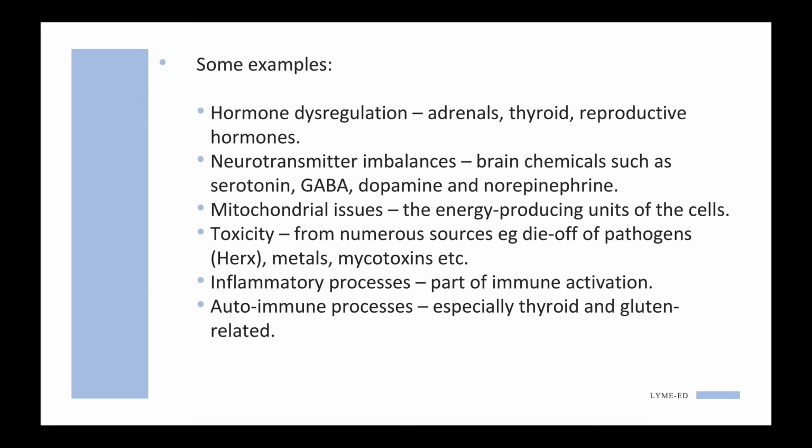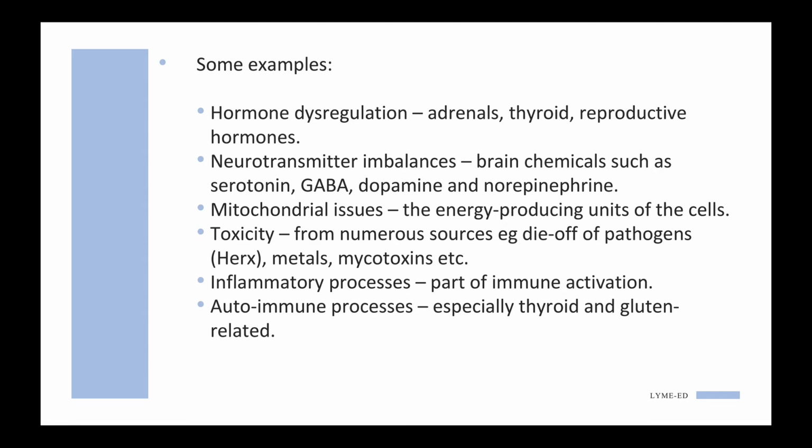So some examples of this that I see every day in my practice: hormone dysregulation. People's adrenals are worn out. I see low cortisol more than anything. Thyroid dysfunction, often autoimmune Hashimoto's thyroiditis. Reproductive hormones get out of whack, and a lot of women have a really hard time with their symptoms around their reproductive cycle.